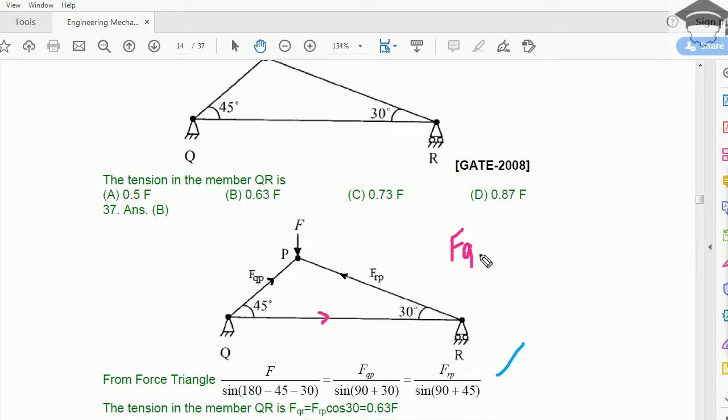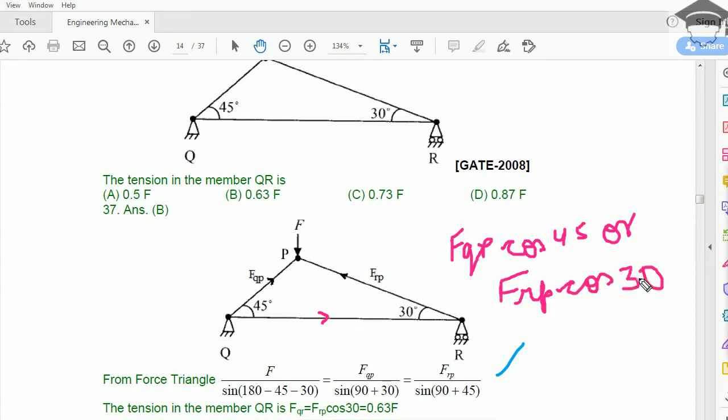FQP you can find from this equation, multiply by cos 45, and you will get the answer. It could be either way: either you find FQP or you find FRP. If you find FQP, it would be FQP cos 45. If you find FRP, it would be FRP cos 30.